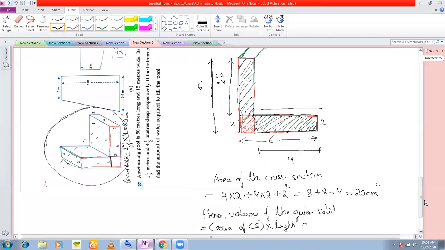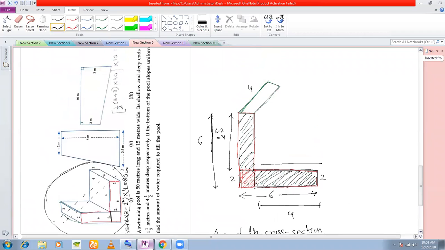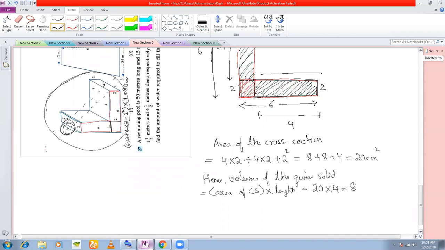Area of cross section we have already found out to be 20, into, and the length given here is 4. By length here, I mean this length. Because we have considered this L as our cross section, this becomes our length. 20 into 4 becomes 80 centimeter cube. This is the volume of this.